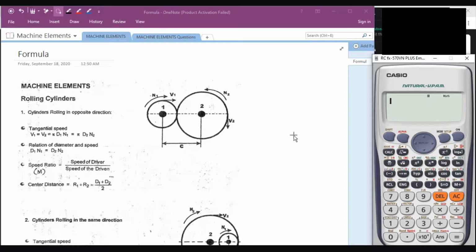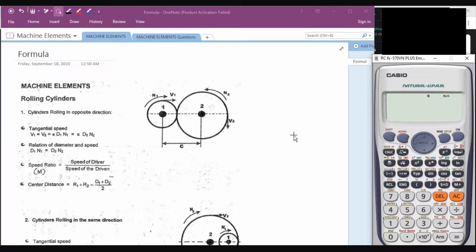So, machine elements. Sir, yan po yung dinodrawing natin. Well, actually, yun nga yun, yung dinodrawing po natin pag tayo nag-perform ng machines.